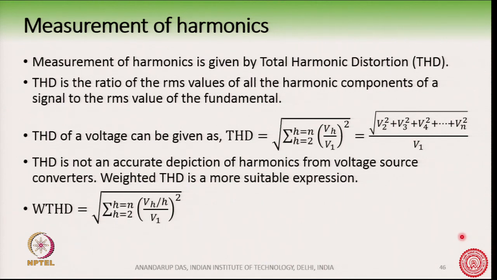Now, although THD is an important parameter for voltage source converters, it is not the most accurate depiction of harmonics. Why? Because the position of harmonics is also very important in voltage source converters, apart from the contribution of the harmonics.